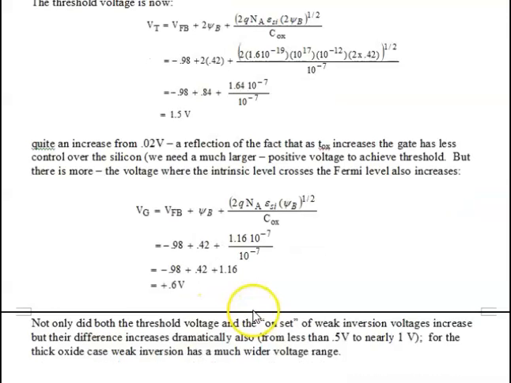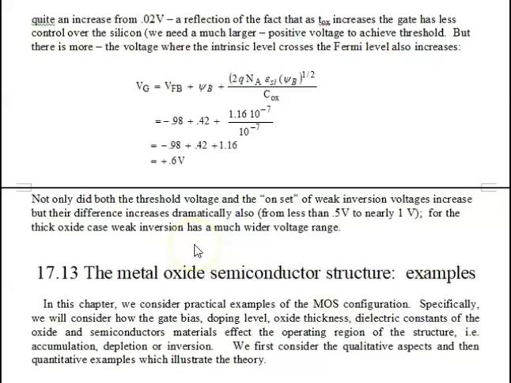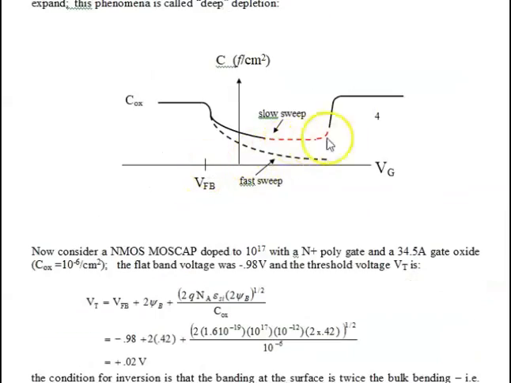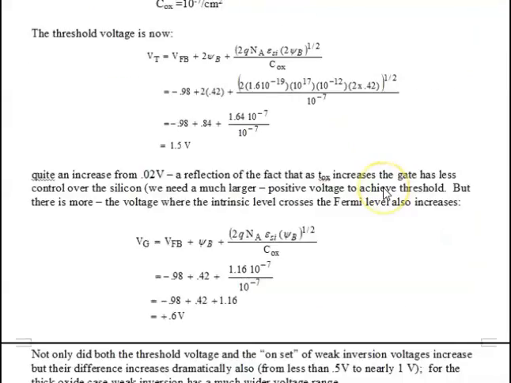So what's happened here is, and I'll just read this off, not only did the threshold voltage and the onset of weak inversion increase. Well, remember that the threshold voltage is 0.02, now it's 1.5, but the difference between the onset of weak inversion to the onset of strong inversion increased from about 0.46 volts, this region here, to almost 1 volt.